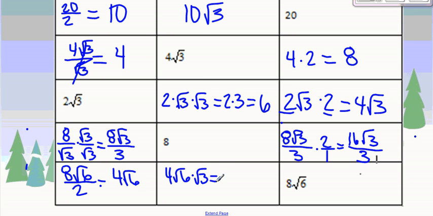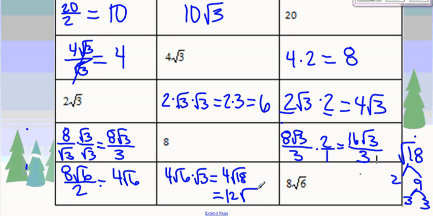Okay, when we multiply, we bring the 3 underneath and multiply by the 6. We're going to have 4 square root of 18. Okay, and over to the side, I'm going to see if anything pops out of 18. I have 2 and 9, and then 3 and 3. So notice that 3 will indeed pop out. So 3 times 4 is 12. And then left underneath the radical is the 2 I had remaining.